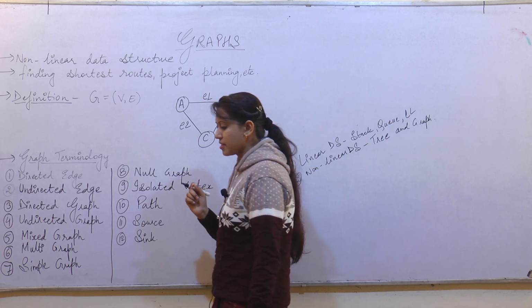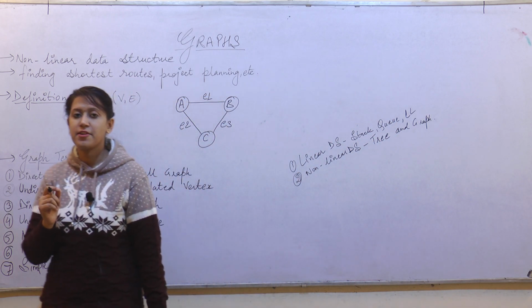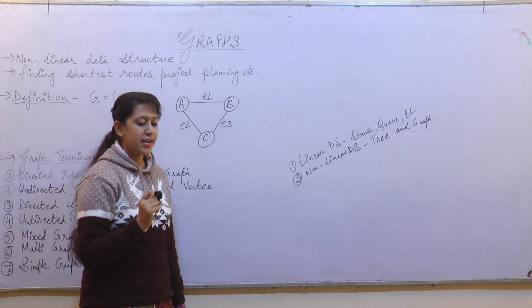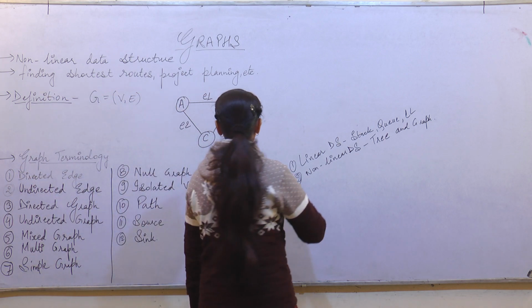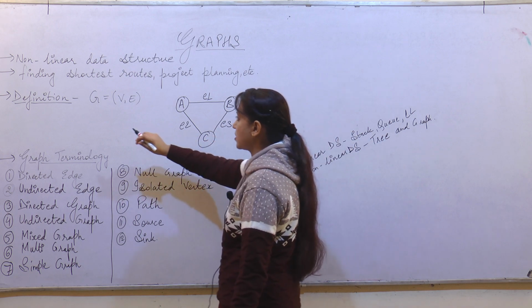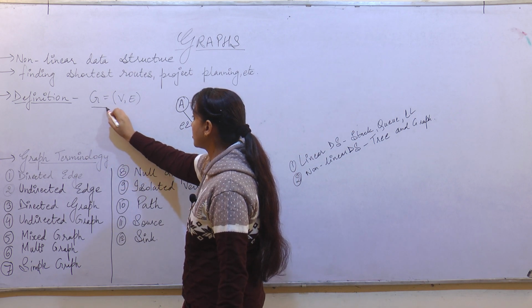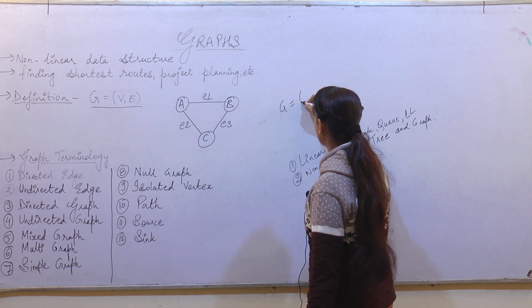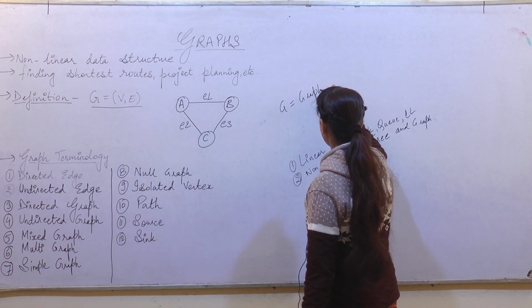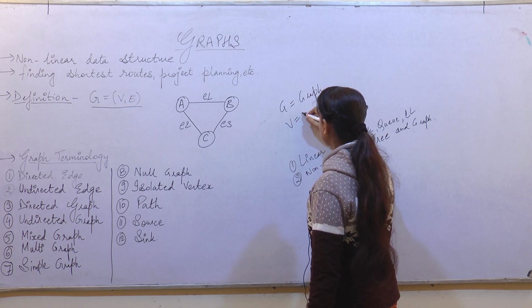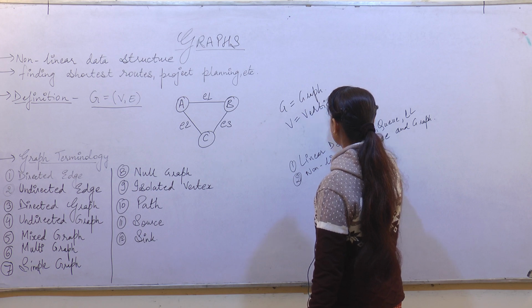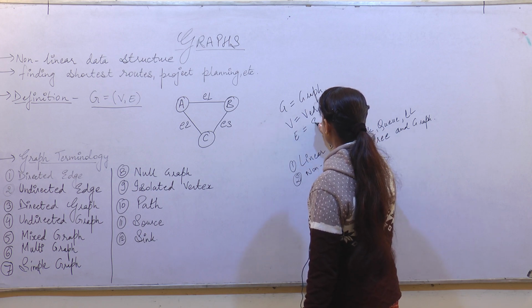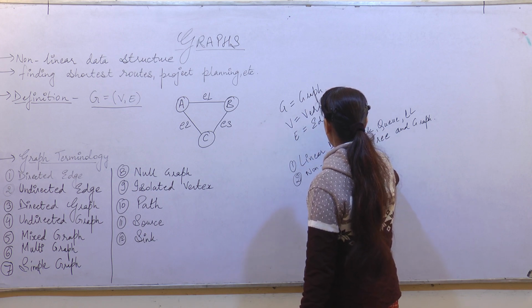But the main thing that we should know is the definition of graph. How we can define a graph. A graph is defined using the equation G equals VE, where capital G denotes the graph, V denotes the set of vertices and E denotes the set of edges.